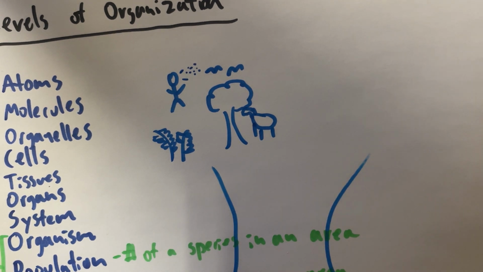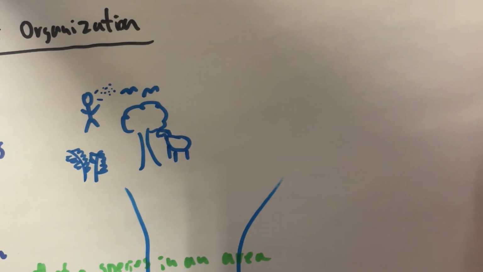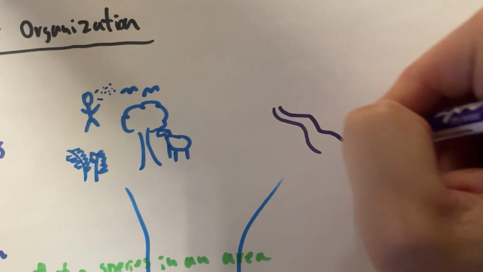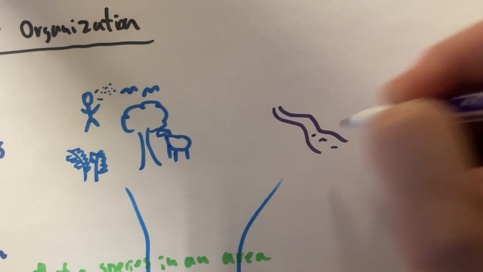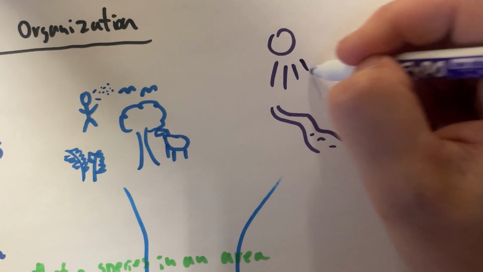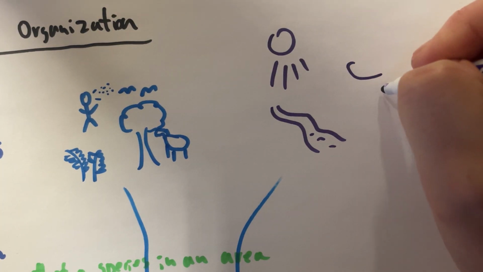What about abiotic factors? What are some abiotic factors? What was it? Yeah, go ahead. A stream. A stream. Yeah, so what type of water is in an area? The wind. The sun, yeah, how much sunlight you're getting, how much wind you're getting.